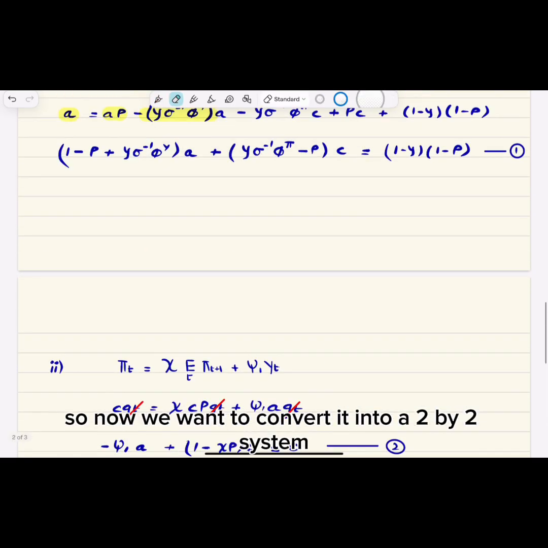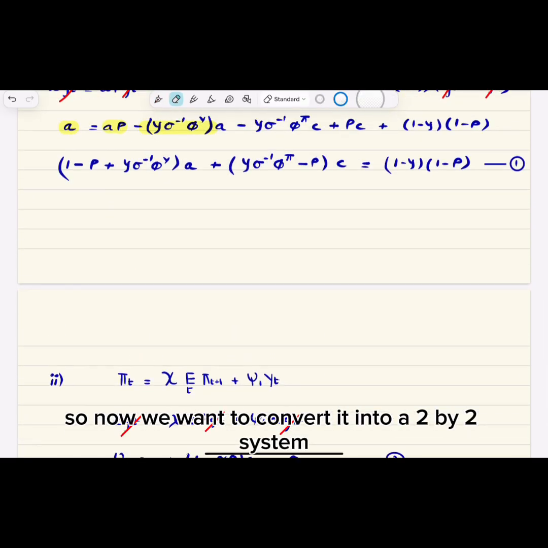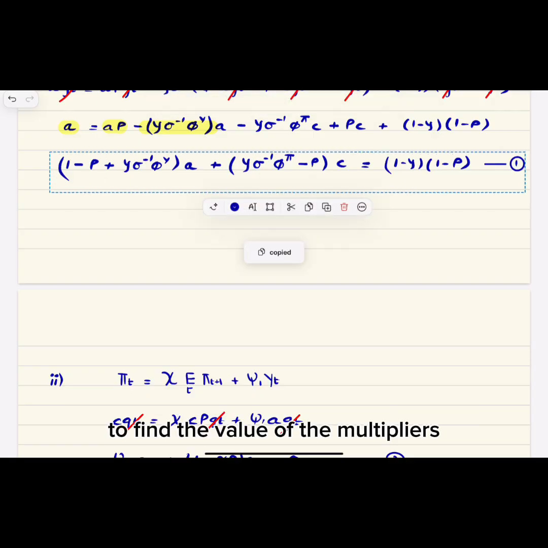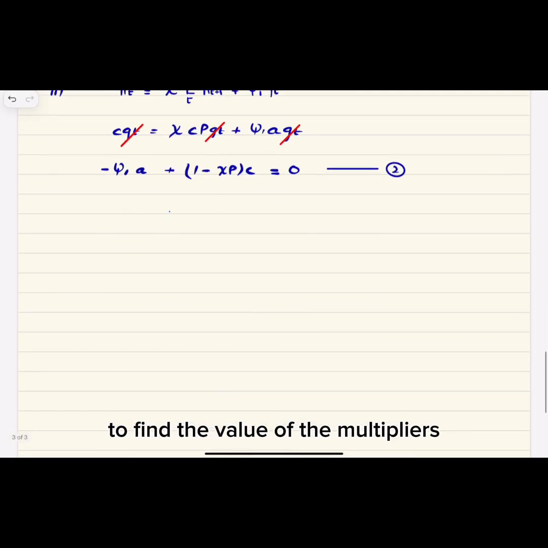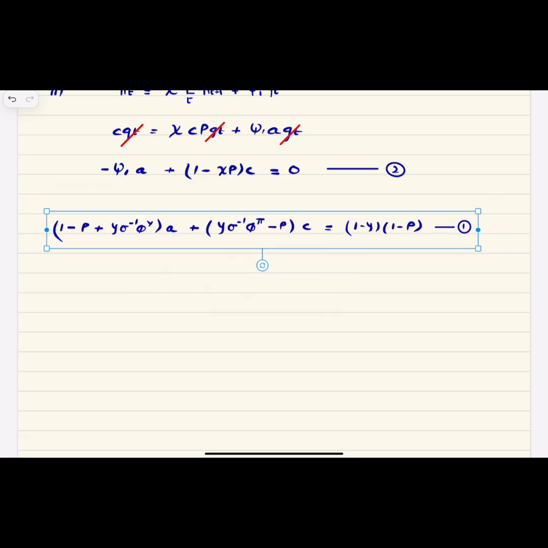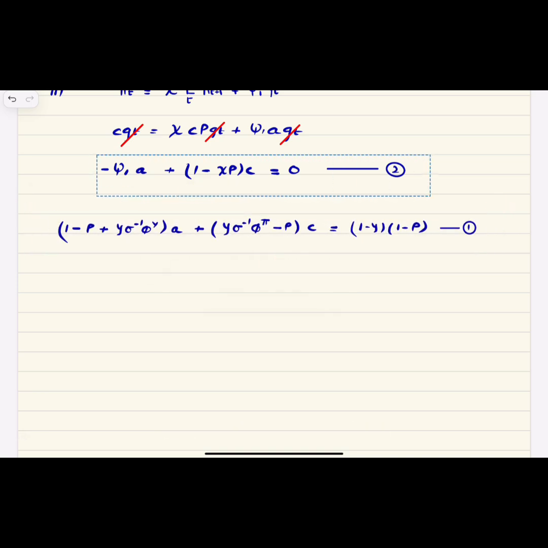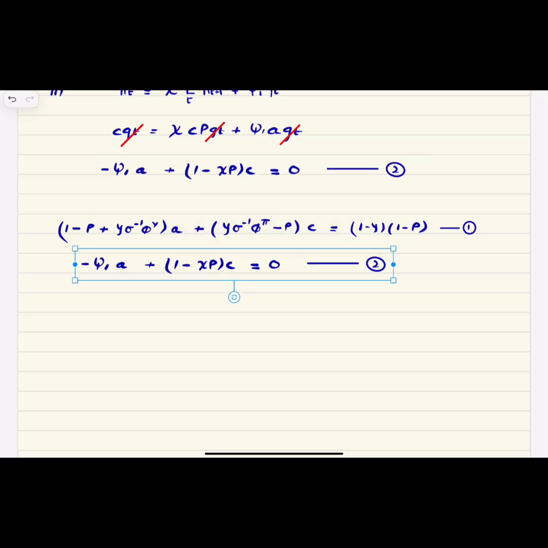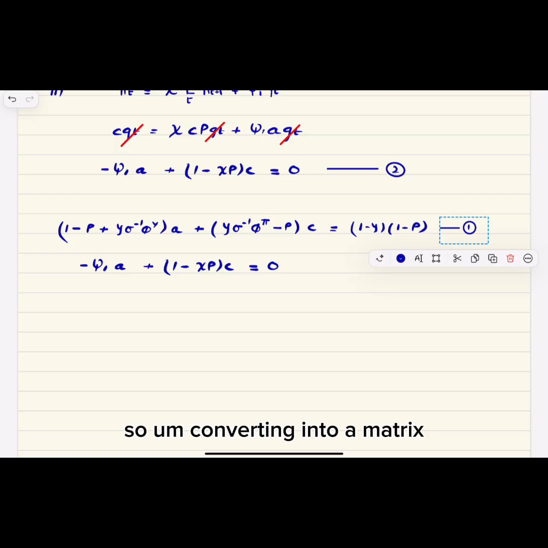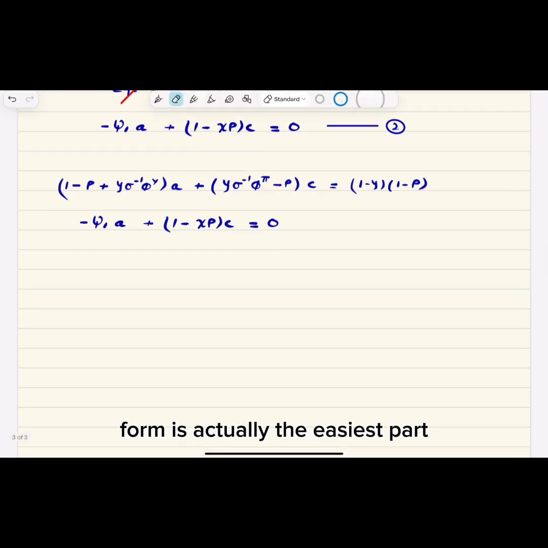So now we want to convert it into a 2 by 2 system, and then we want to find the value of the multipliers. Let's go ahead with this. Okay. Converting into a matrix form is actually the easiest part.